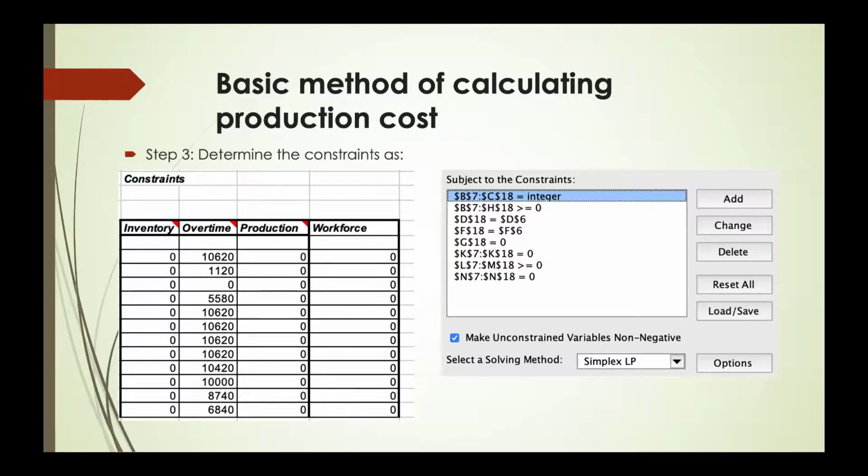Capacity constraints means that the monthly production cannot exceed the total output of normal work and overtime work. Workforce hiring and layoff constraints means that the workforce per month is equal to workforce of previous month plus the workers hired this month minus the number of workers laid off this month.